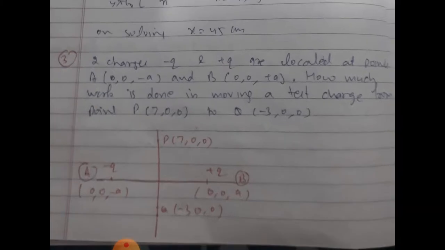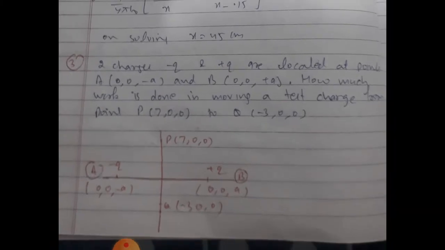So see here, this system represents a dipole, a system of equal and opposite charges, and points P and Q lie on the equatorial line of the dipole, and we had studied that on an equatorial line the electric potential is equal to 0.